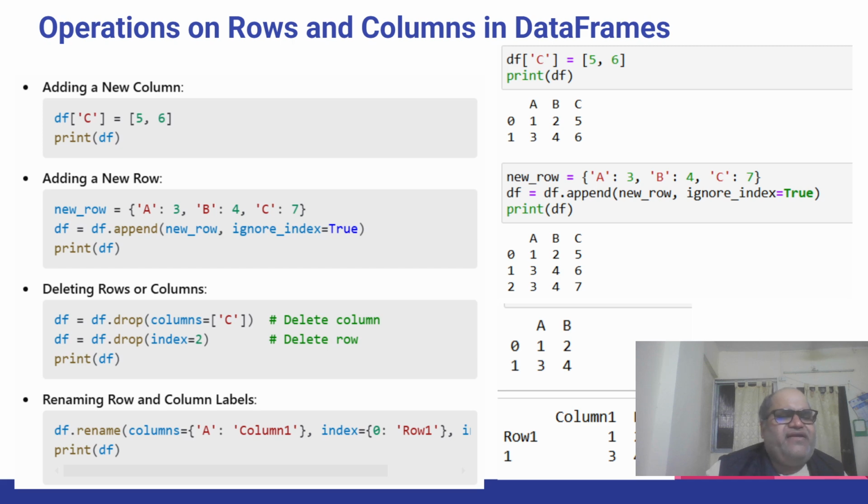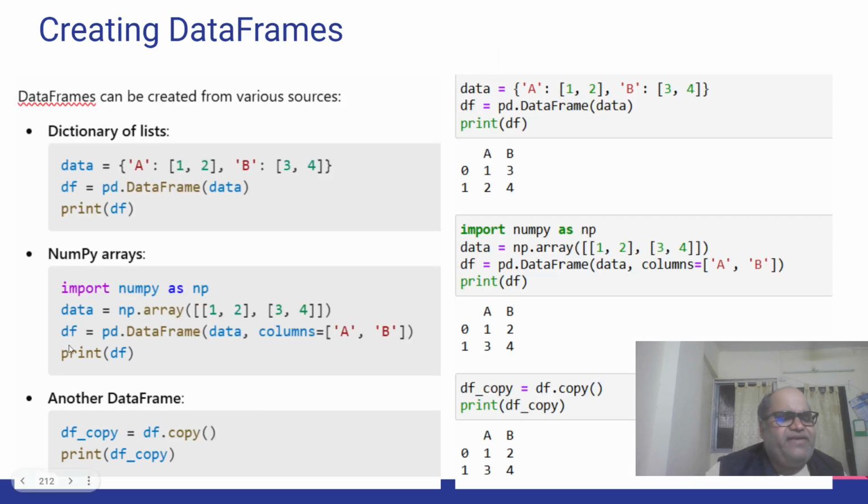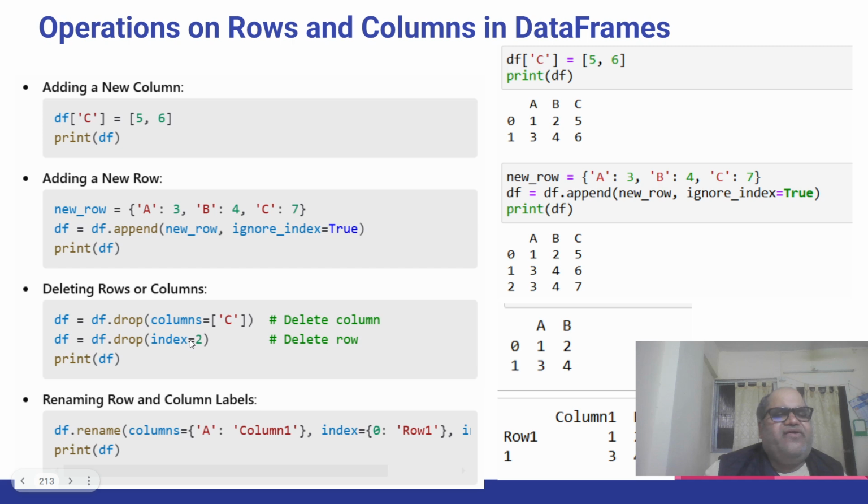Now if you want to add a new column C, there are several ways of doing it. One of those is you can simply use the df variable that you have got here. You are getting df by calling pd.DataFrame. Now on that df, you can give the name of the new column that you have in mind. Here we have decided C.